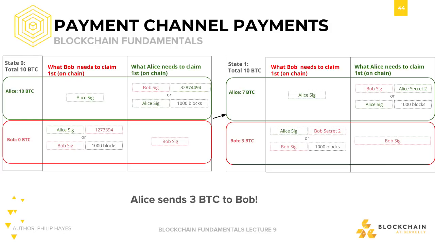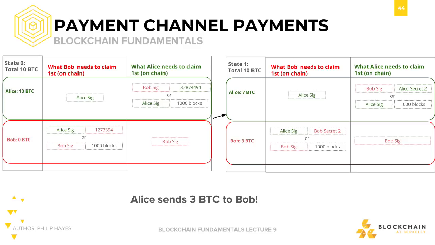So the idea here in this example is, Alice wants to get her 3 Bitcoin back from Bob. So what she needs to do is sign and verify that she wants her money back. But in order to do that, she needs to wait some amount of time before she can get her 10 Bitcoin back.